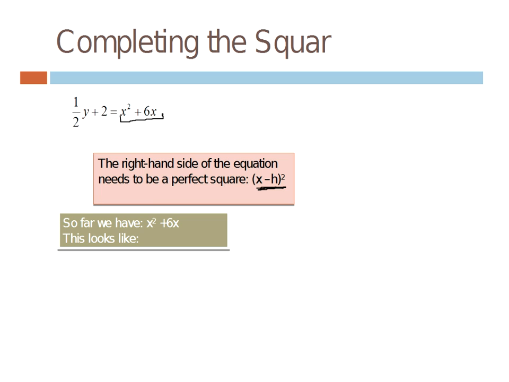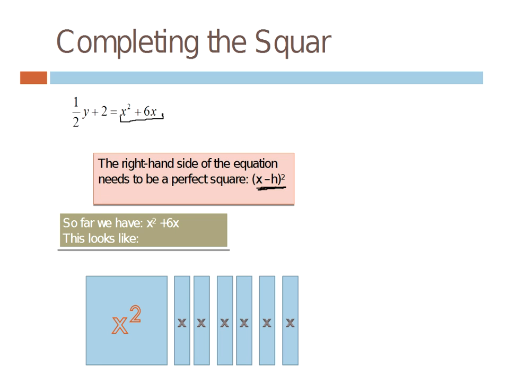In fact, this x squared plus 6x really looks like this. Here you have x squared, which means this side length is x, as is this side length. So this area in here is x squared.